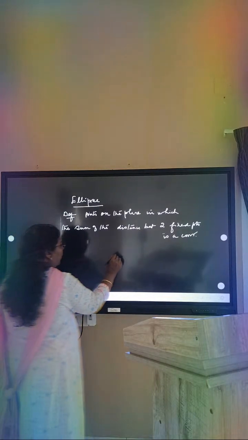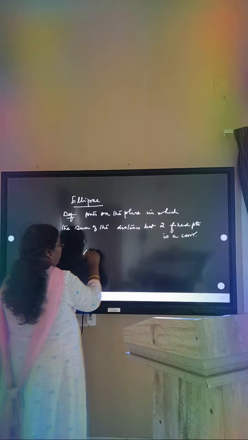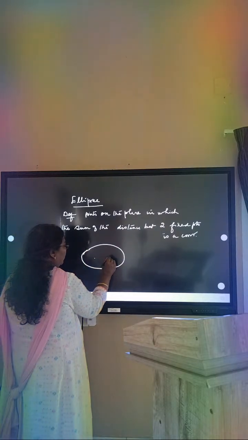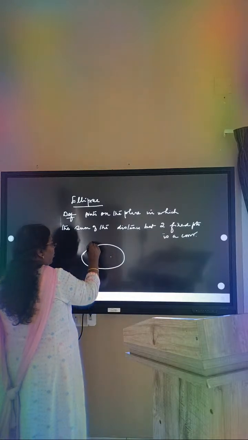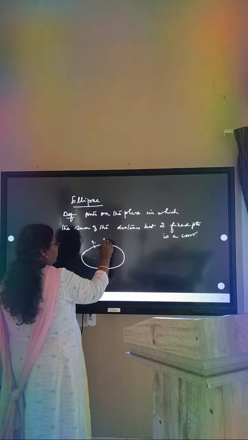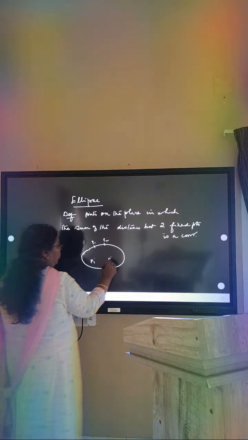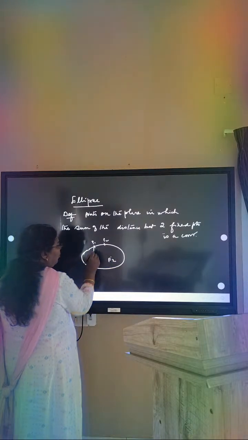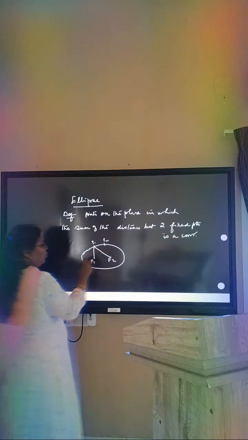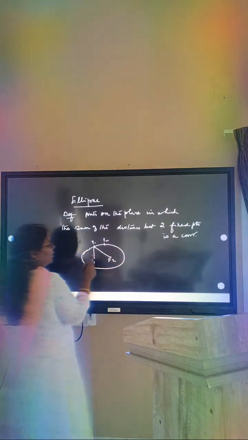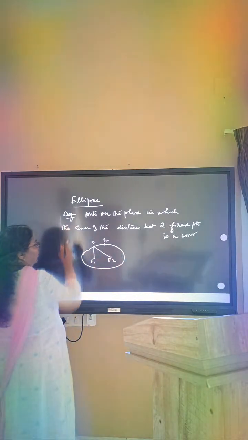So, suppose we have points, and if you join all those points, and if you take points P1, P2 and so on, and there are two fixed points F1 and F2, then the sum of the distances from the two fixed points is always a constant, and that gives an ellipse.